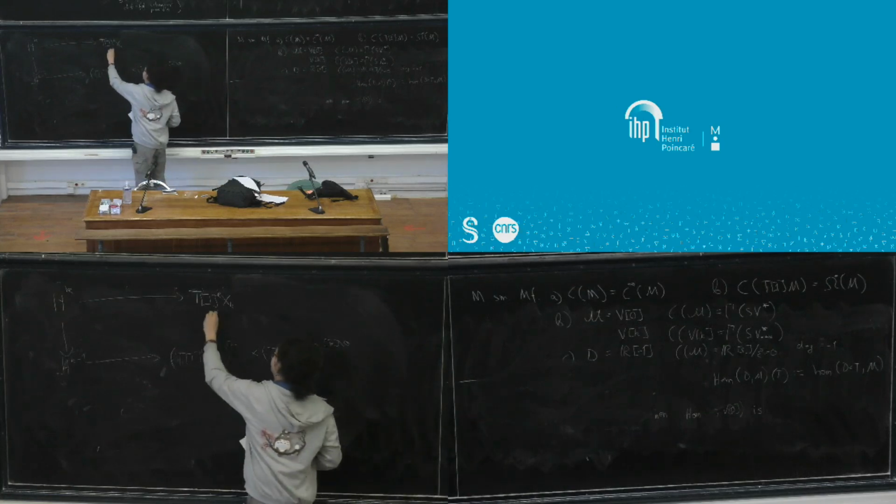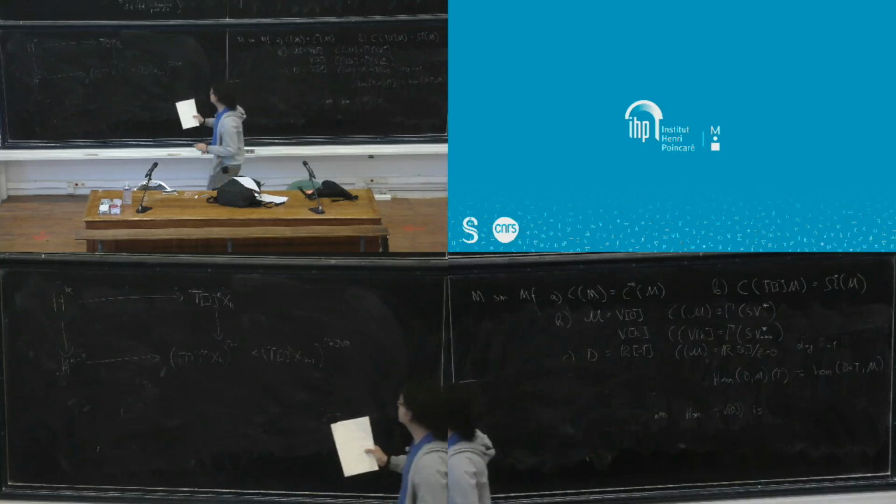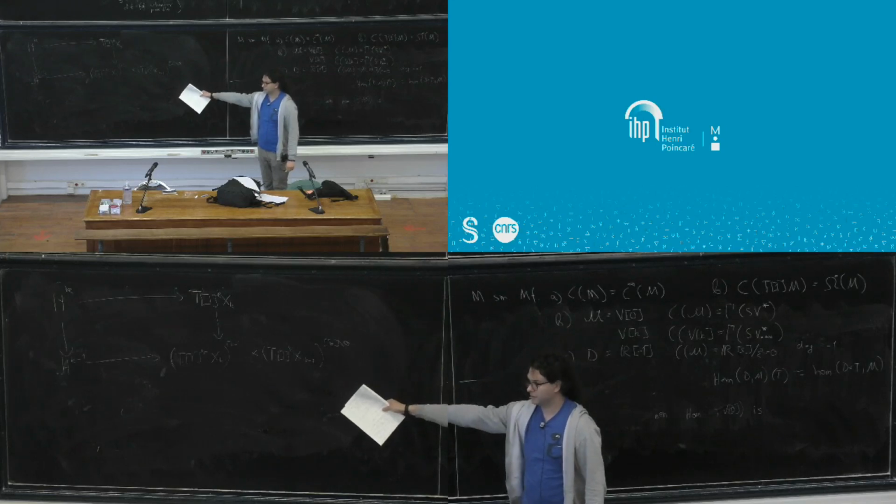And we have a map here, and if it was a surjective submersion, I could end the talk and we could go to the coffee break. The problem is that this map is very non-surjective.